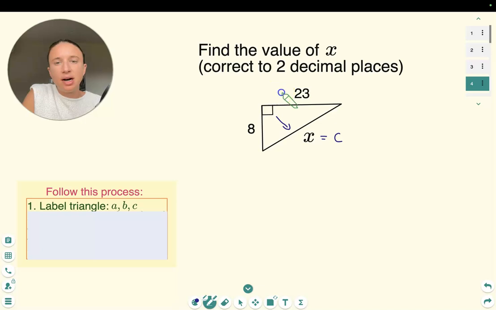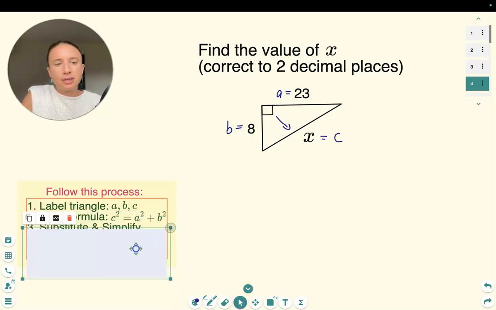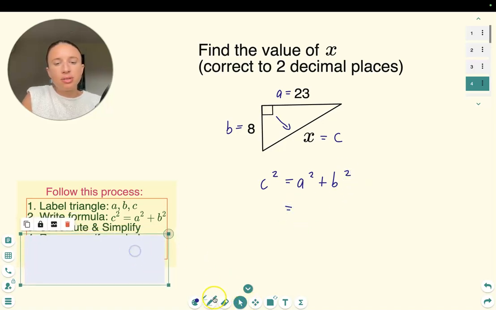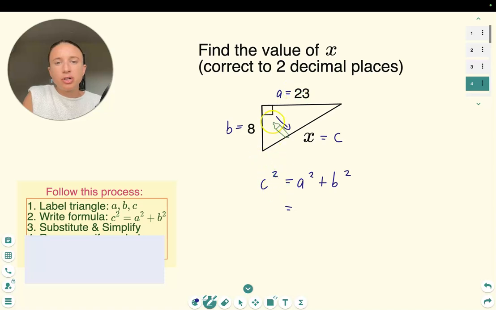So that's C, and the other sides are A and B. Then we write our formula, C squared equals A squared plus B squared. We substitute the numbers. Our hypotenuse is x, and then we square that, equals 23 squared plus 8 squared. And now we're going to simplify.